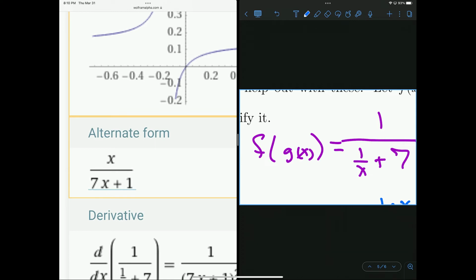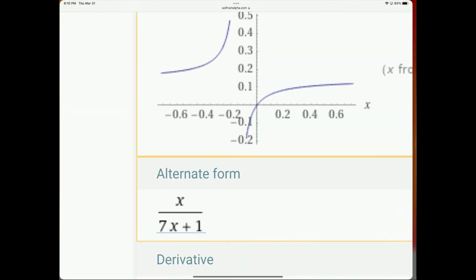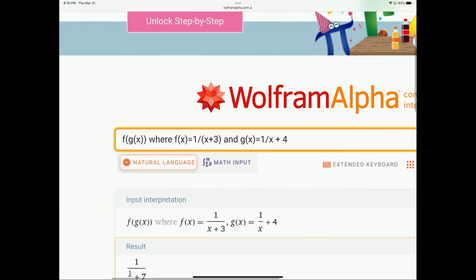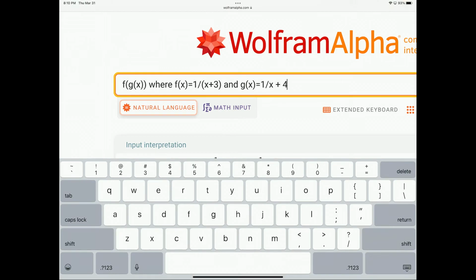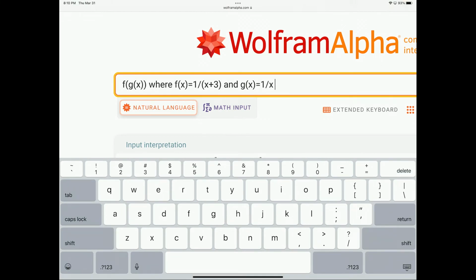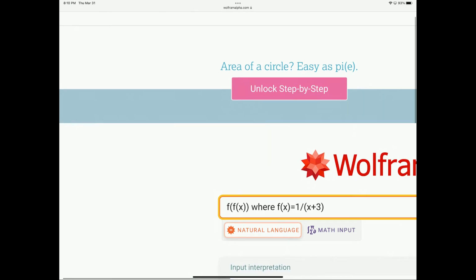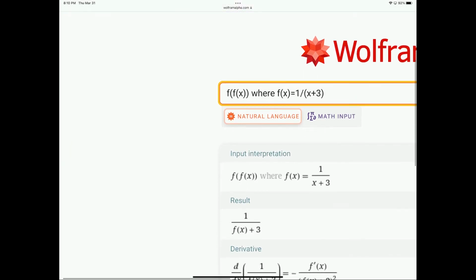Now, there is one thing I want to mention though. In the book, in the homework, they sometimes ask for f of f. And that's a problem, because if I type in f of f like this, f of x, so there's no g, a lot of times Wolfram Alpha will not understand me.